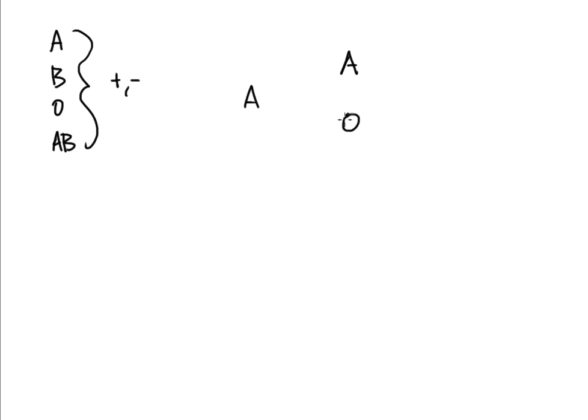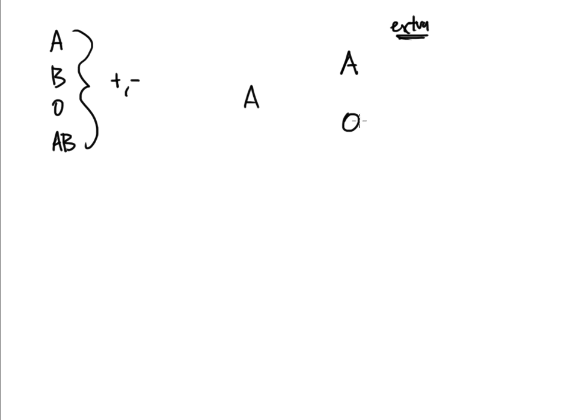But if you had O blood, the O blood could be recognized as an acceptable blood form that your body could accept. And the reason is because it's not bringing anything extra over. You're going to hear me use that word over and over. The O blood has no A or B protein or agglutinogen on it.